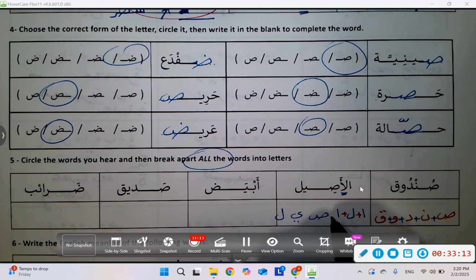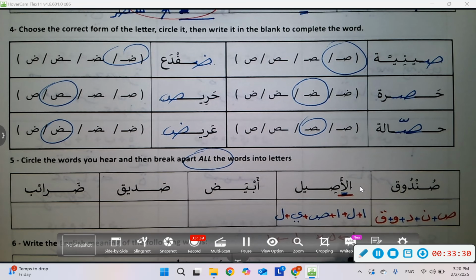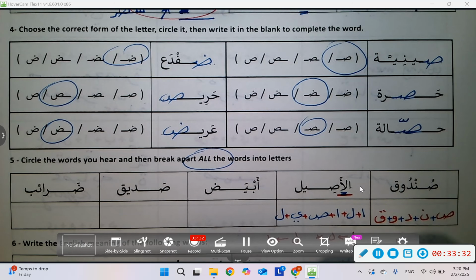So don't lose points just because you don't remember what I'm telling you right now. Lam alif, lam and alif. It's not alif then lam. It's lam then alif. Because if it's alif and lam, it's just written normally like this.